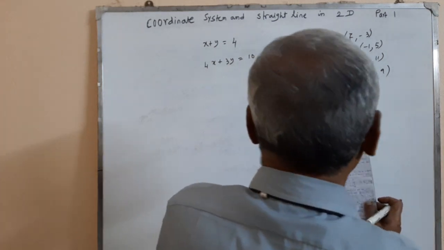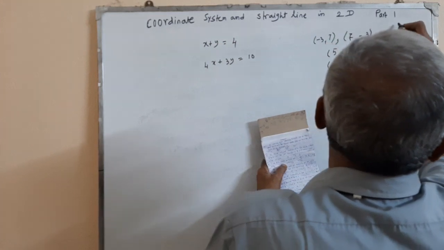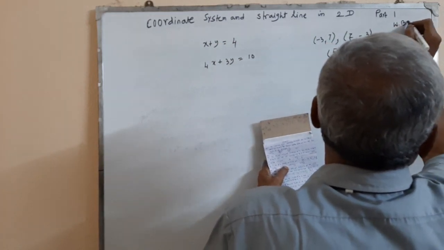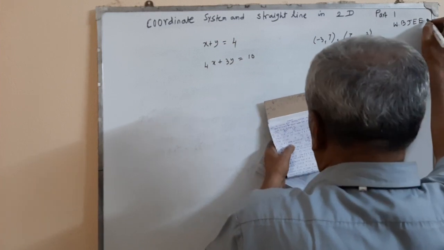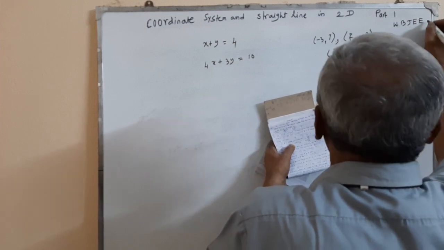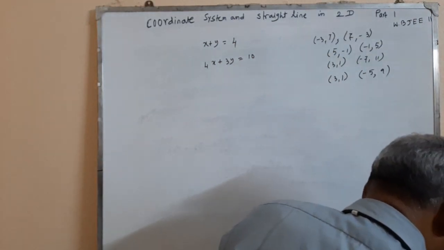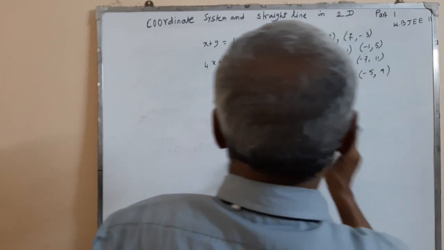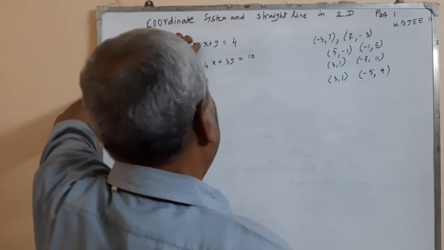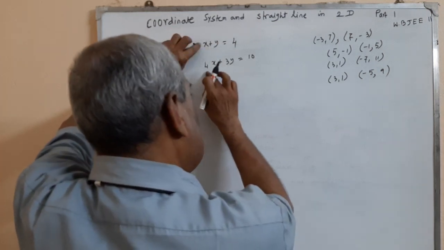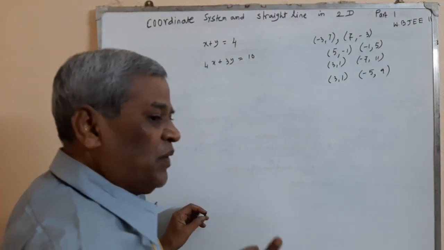This was a problem given in the West Bengal Joint Entrance Board JEE in the year 2011. The problem is that we have to find two points on that straight line from where the distance to the other straight line is 1 unit.